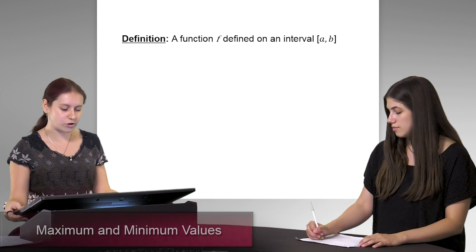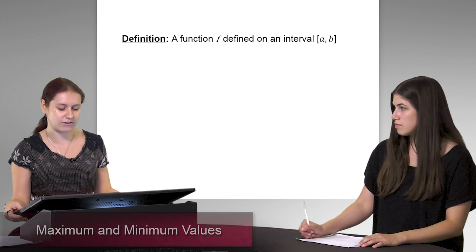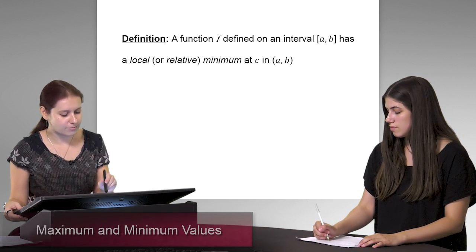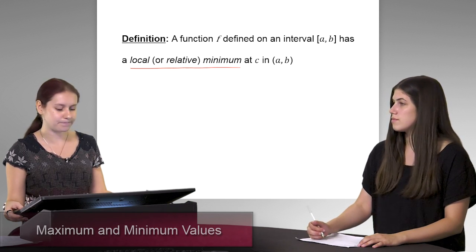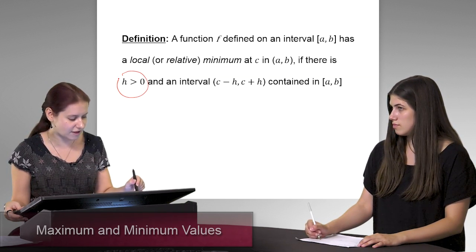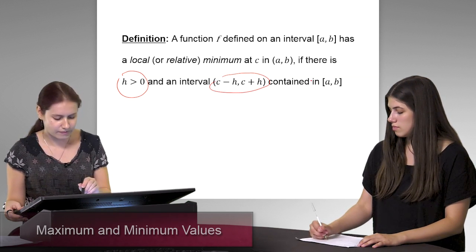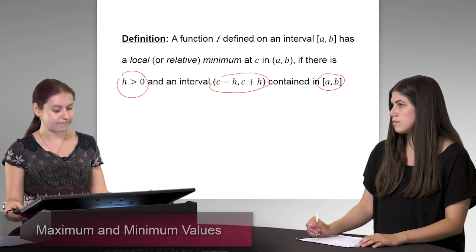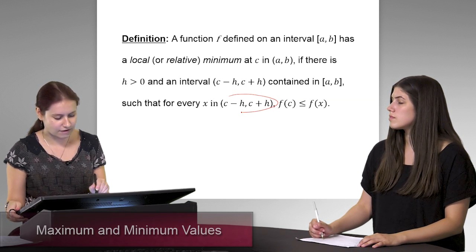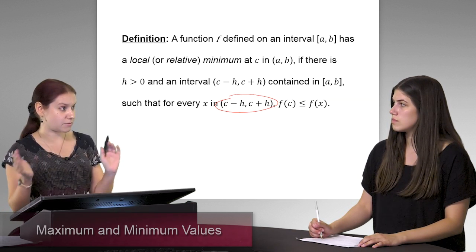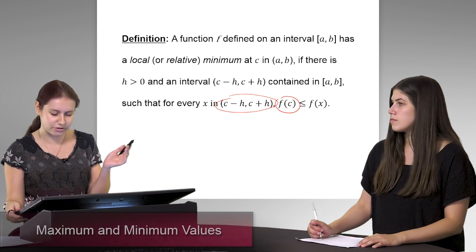It's almost the same definition for the local minimum. A function f defined on the closed interval [a,b] has a local minimum, a relative minimum, at the point c in the open interval (a,b) if there is a small positive h that creates an interval (c minus h, c plus h) in the initial interval [a,b], such that for every x in this interval, a step to the left, a step to the right, f of c is less than or equal to f of x.